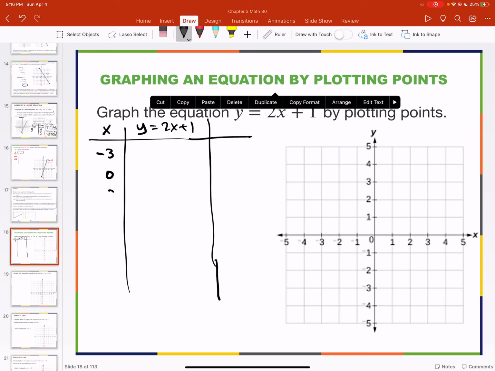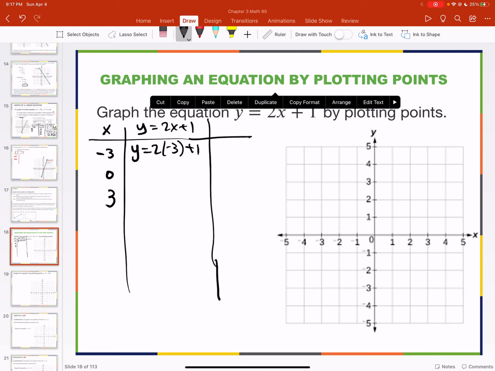So let's say I'll pick -3. I could have picked any value for x, it really didn't matter. The only thing is, you don't want to pick like -10,000 for x, because you'd get a crazy value for y. So make it close. So x is -3, so we have y equals 2 times -3 plus 1.